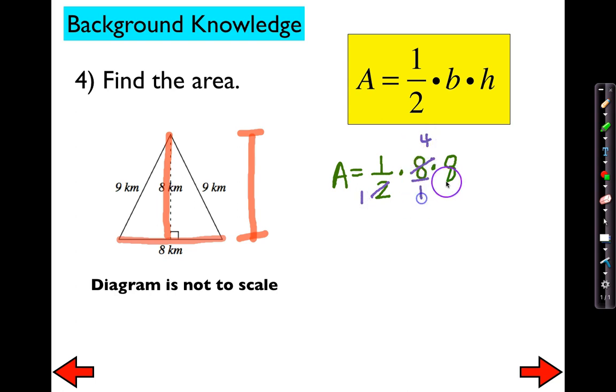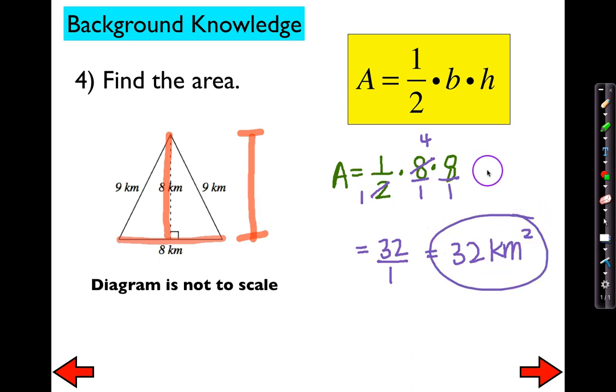If you want, you can put this over a fraction so it's a little bit neater, and just multiply. 1 times 4 times 8 is 32. 1 times 1 times 1 is just 1. So essentially it's going to be 32 kilometers squared.